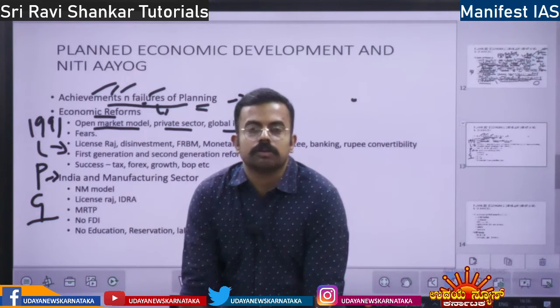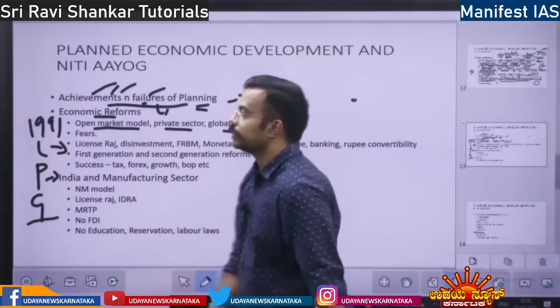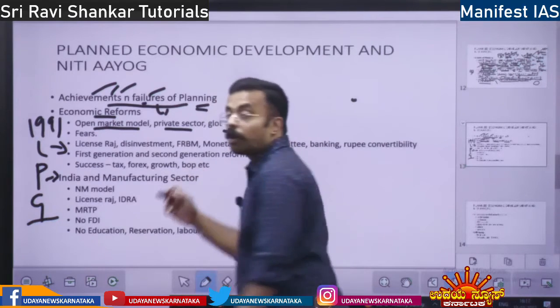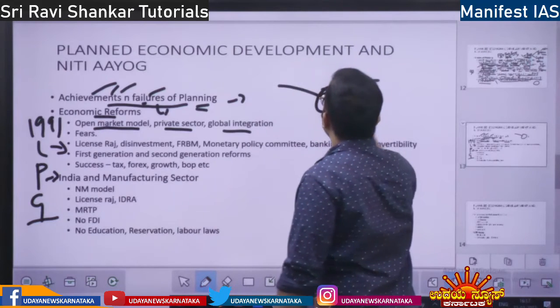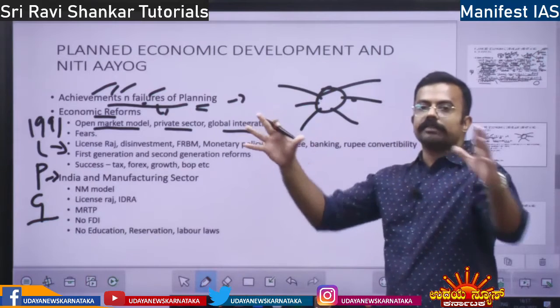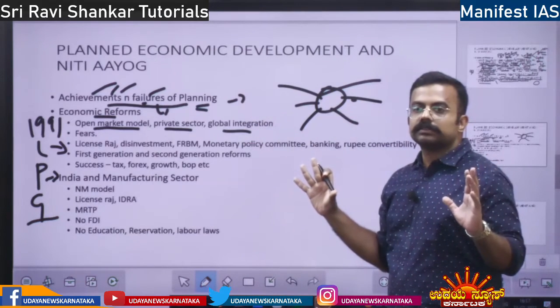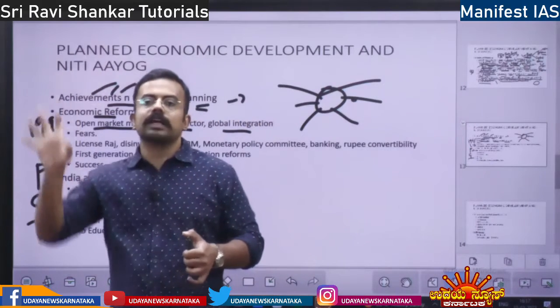Global technology, global money, investment, right? All these things used to come to India, and export and import more than everything. India got integrated, meaning India got joined with all the countries. So there is a proper connection for India with all the countries.